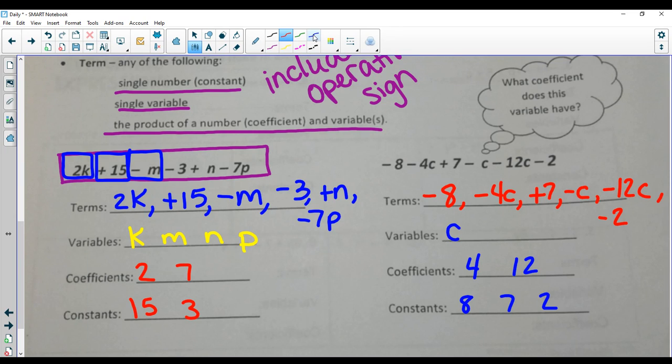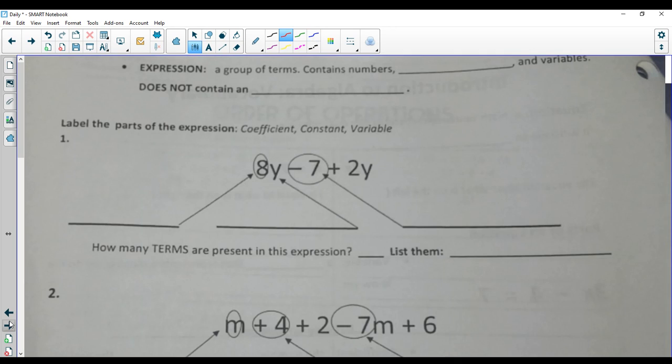Okay. On the next page, if you flip over your next page, an expression is a group of terms. It contains numbers, operations, and variables.